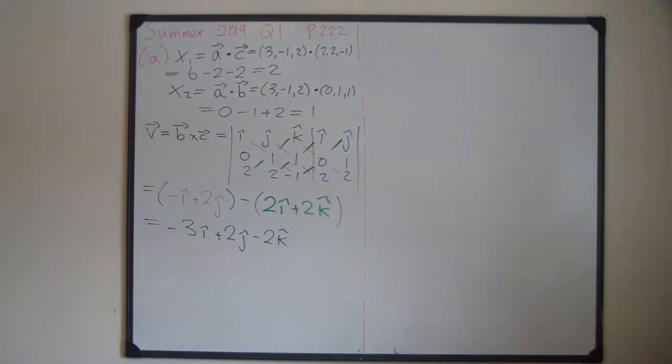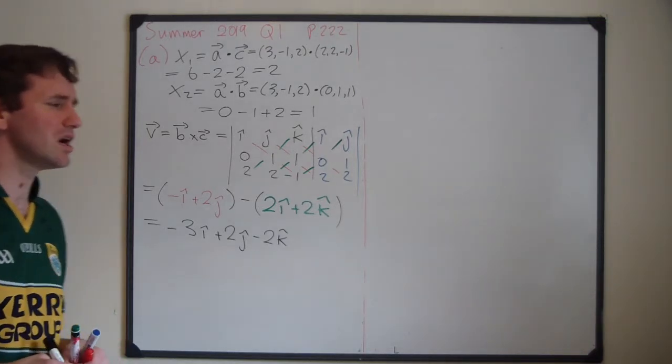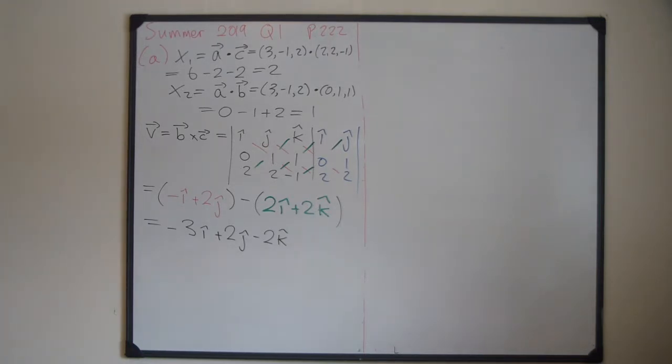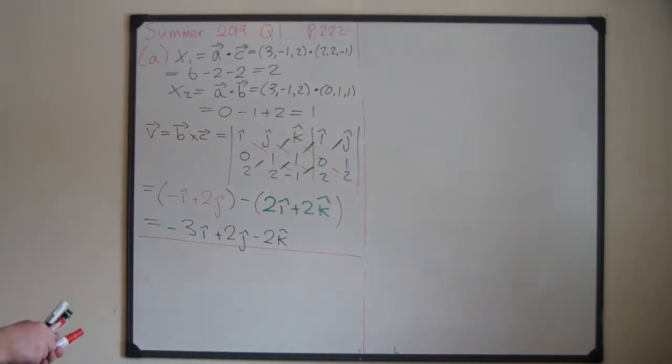And the question is, hence investigate whether or not A vector product with v is equal to x1 times b minus x2 times c. Now if I'm asking you to show or investigate if two things are equal, calculate them separately and then see what's going on at the end. So the first thing we might do, we probably just about have space, is the vector product of A and v.